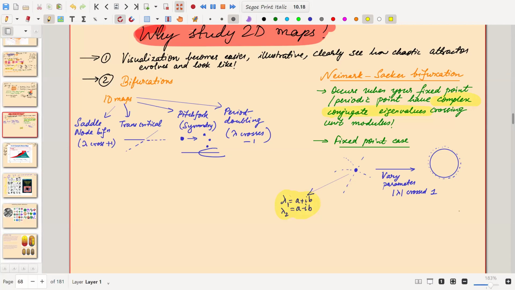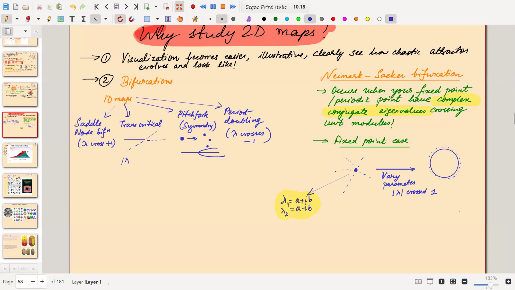Can it be complex conjugate? No. Complex conjugates come in pairs, right? So if one eigenvalue is a plus ib, you don't have another eigenvalue, right? In 1D maps. So 1D maps cannot have Neimark-Sacker bifurcation. So this is the idea.